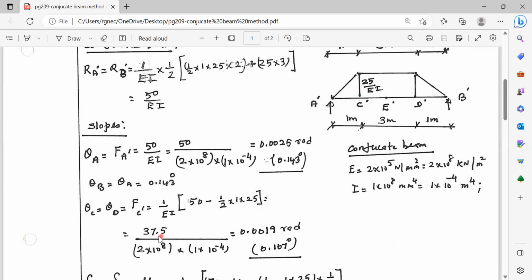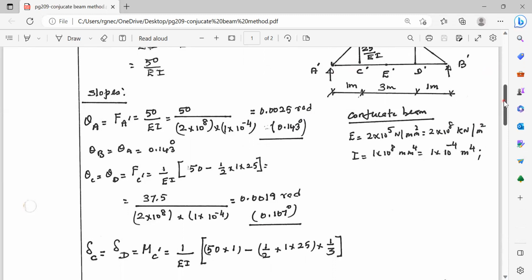So this comes to 37.5 divided by EI, that is equal to 0.0019 radian, into 180 by pi will come to 0.107 degrees. This is the slope at C and D of the given beam, which is nothing but the shear force in the conjugate beam. Shear force is due to RA dash minus this triangular load.